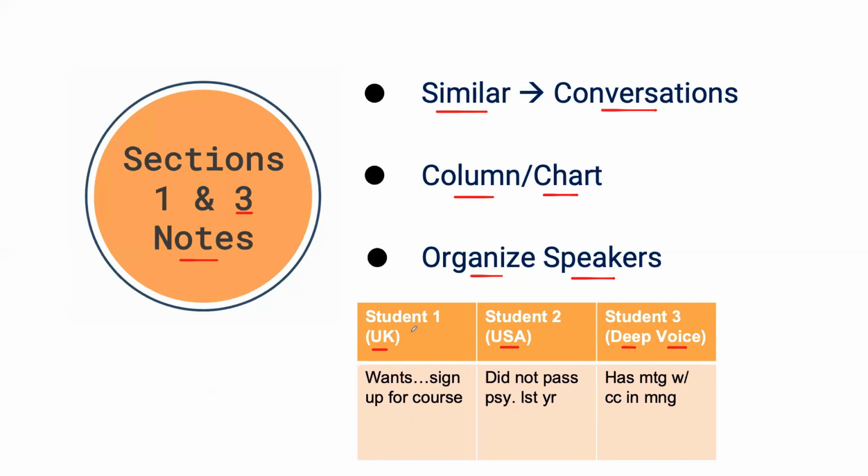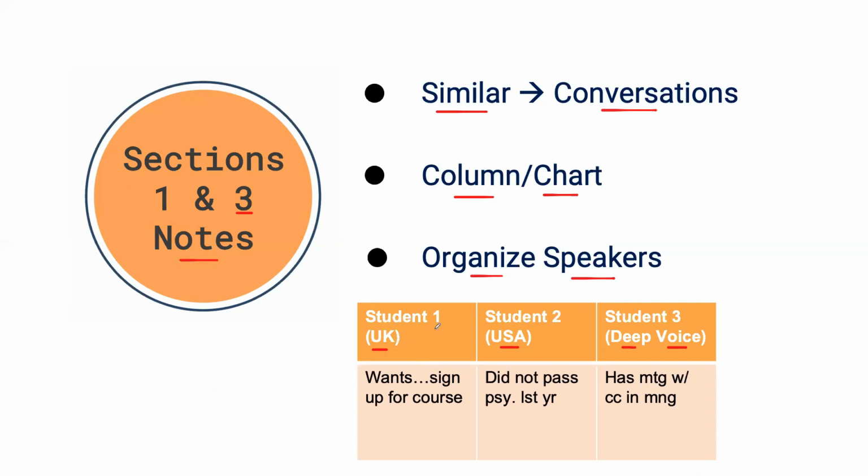You're going to be listening to a conversation with potentially 4 people, not in your native language, different accents, different speeds, different voices. It would be helpful for you to keep these little notes in terms of accents and what the voice sounds like. So if student 1 has a British accent, I would write UK because it's easy to write, 2 letters, you can do it quickly.